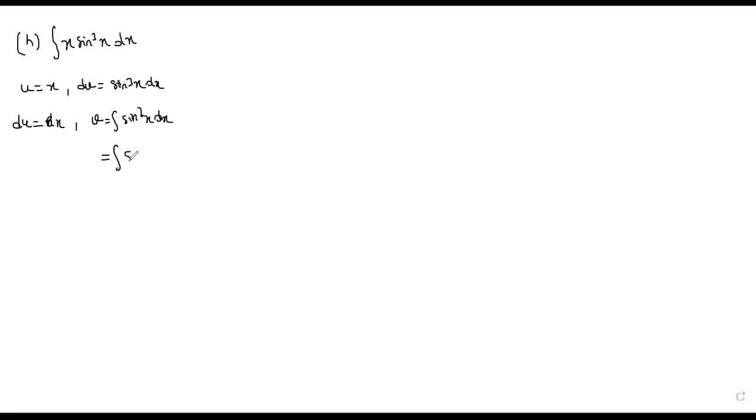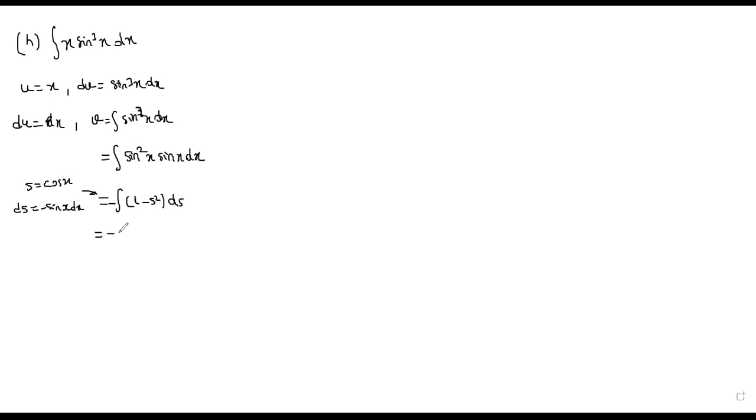Now let's write this in this form. This is cube, right? So sine squared x sine x dx. Then if we substitute here s equals cosine x, then ds will be equal to minus sine x dx, right? So this integral turns out sine squared is equal to 1 minus s squared, and sine x dx is equal to minus ds, right?